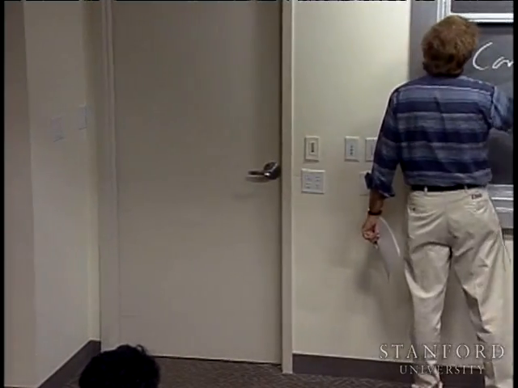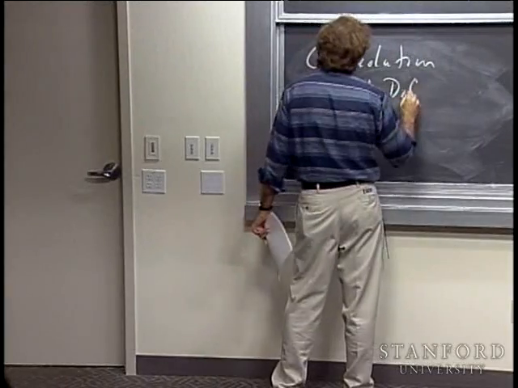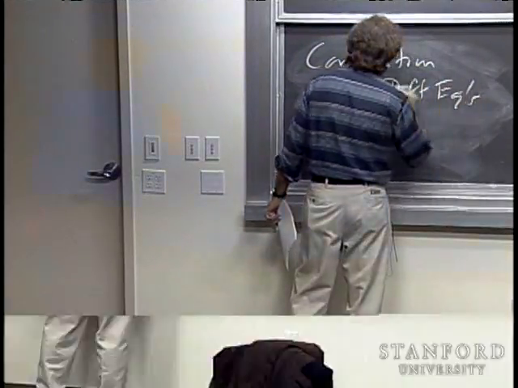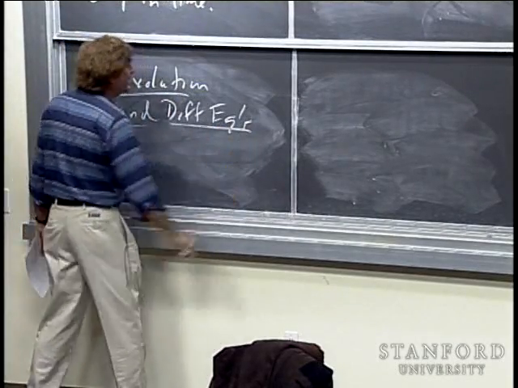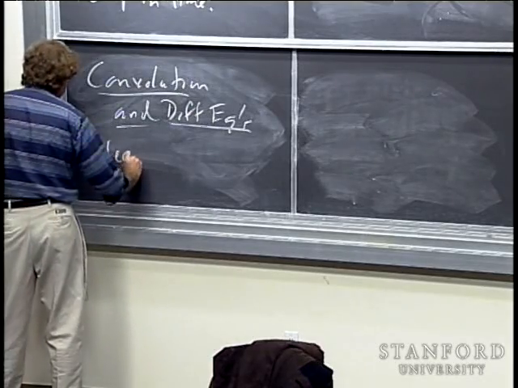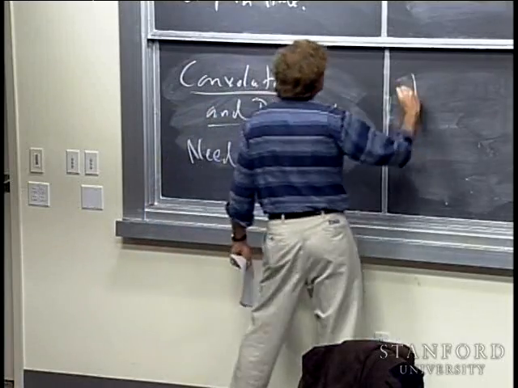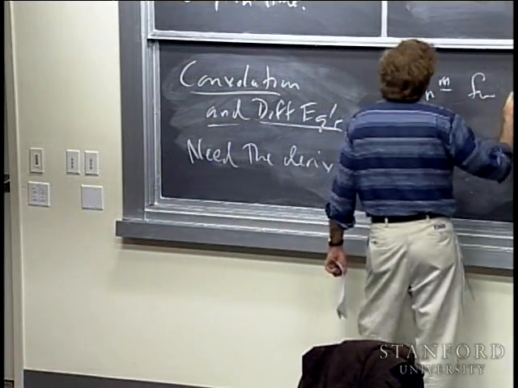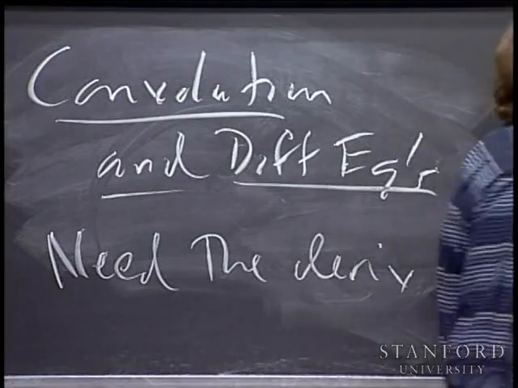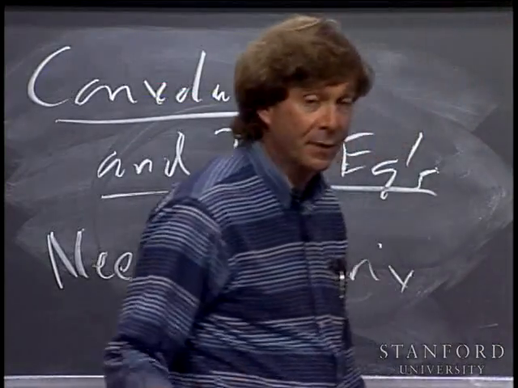To do that, I need a general formula here. We need what's sometimes called the derivative theorem for Fourier transforms. So this you can think of as a general property of Fourier transforms. And again, I'm not going to write out all the assumptions very carefully here, but it says this.